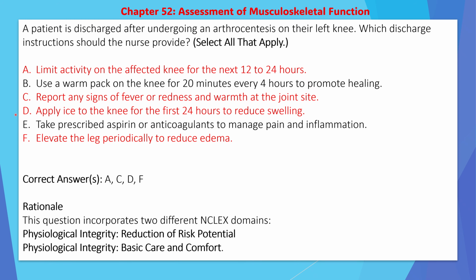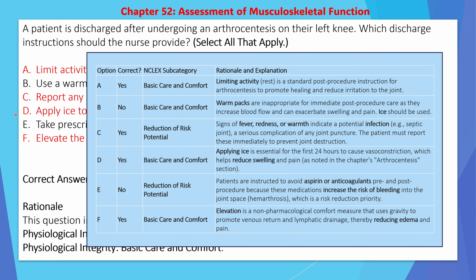So I will explain one by one right now. Here you see options A, B, C, D, E, F. A is yes, it's basic care and comfort. Limiting activity is a standard post-procedure instruction for arthrocentesis to promote healing and reduce irritation to the joint. B is incorrect.